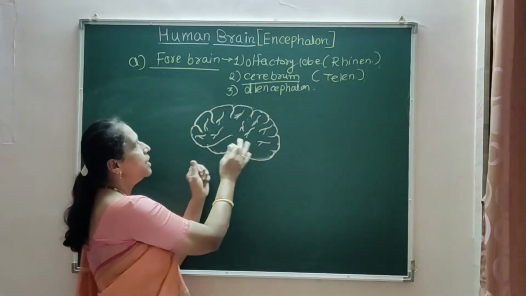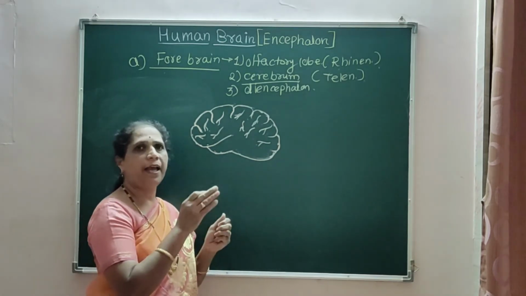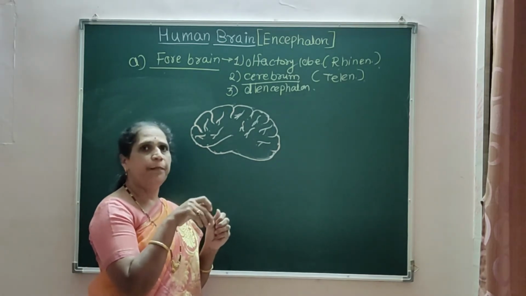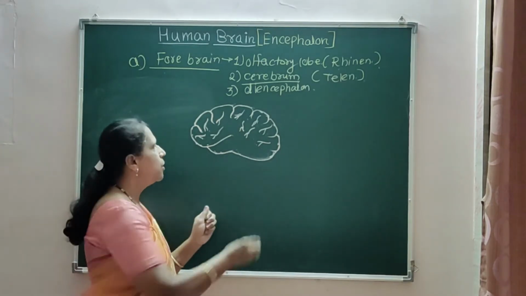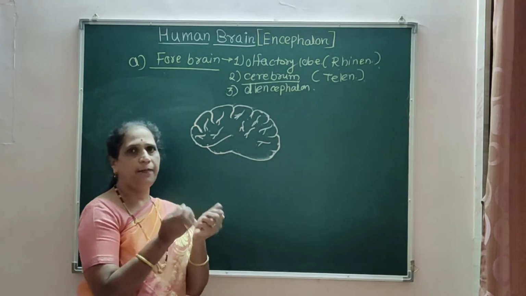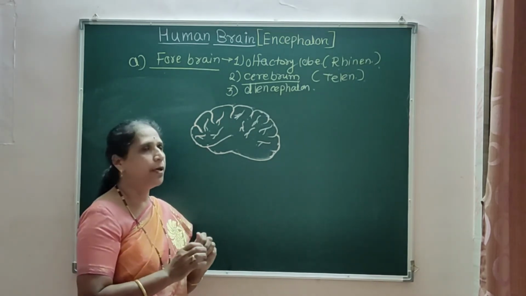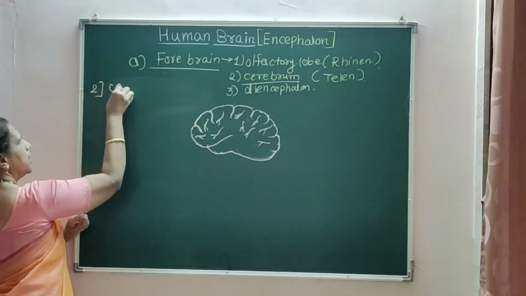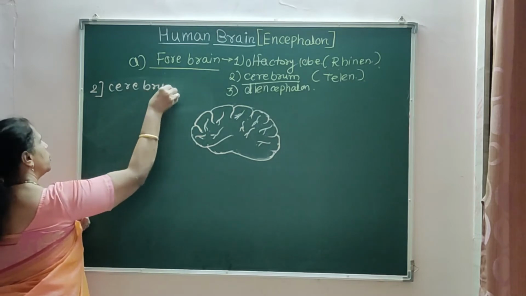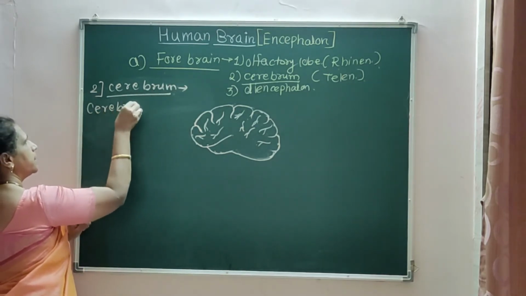Then this brain or cerebrum divides into 2 equal parts by a deep furrow, called the cerebral hemispheres. So the right cerebral hemisphere and the left cerebral hemisphere. These are the 2 equal parts of the cerebrum.